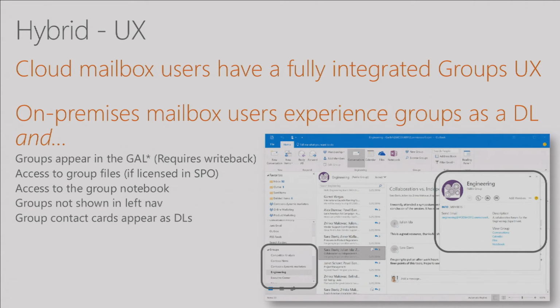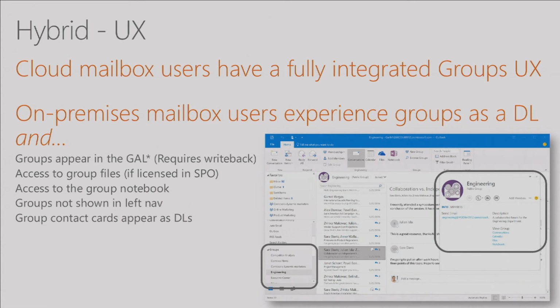What they don't have, for an on-premises mailbox user, is access to the conversation history and the calendar. This is because their mailbox is on premises and their mailbox doesn't know yet about Office 365 groups.